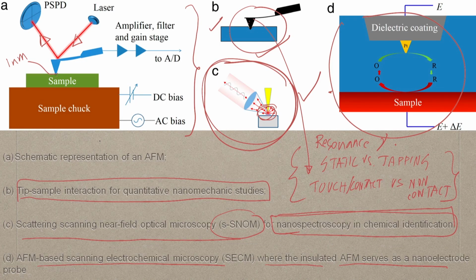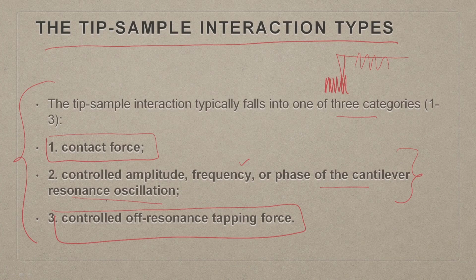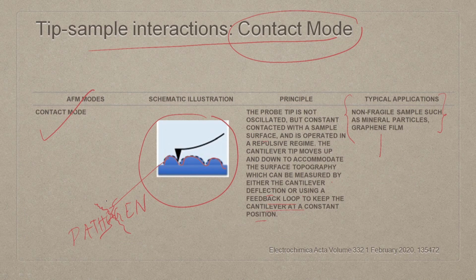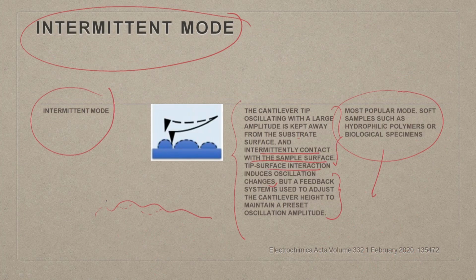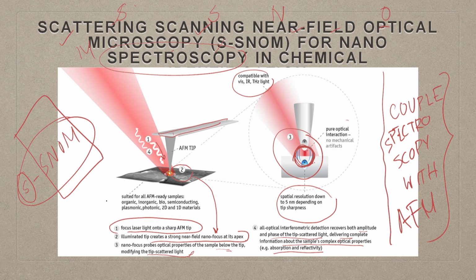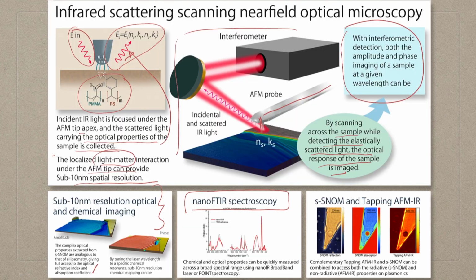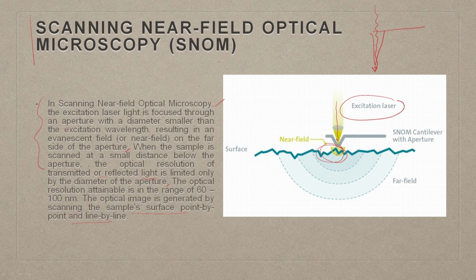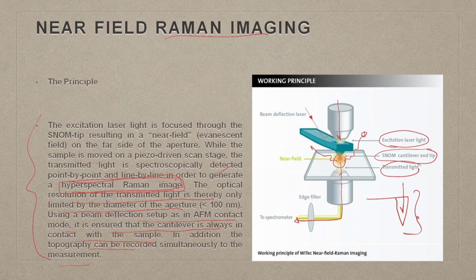Then we talked about the different kinds of tip-sample interactions, contact forces. These are the contact mode, non-contact mode, intermittent mode. Then we talked about the s-SNOM, scattering scanning near field optical microscopy, then infrared scattering scanning near field optical microscopy, then SNOM, scanning near field optical microscopy, then near field Raman imaging.